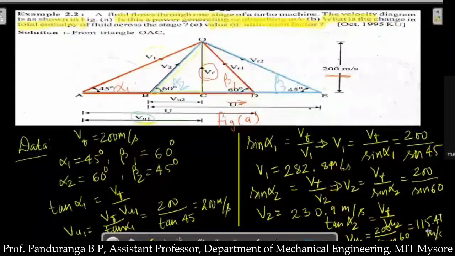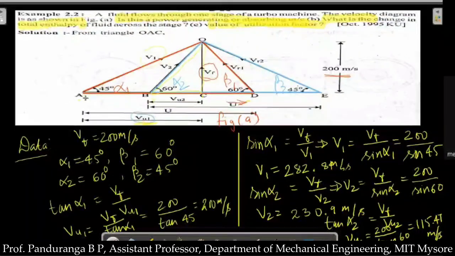Now we have calculated Vu1 and Vu2, and now we need to calculate U. U is from A to D for the inlet velocity triangle or from B to E for the outlet velocity triangle. Now let us calculate for the inlet velocity triangle.